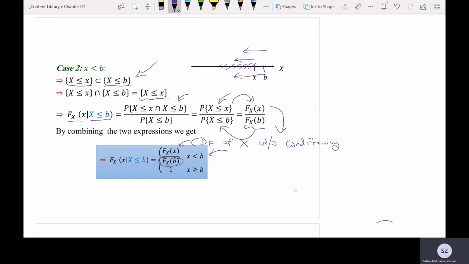And if x is larger than or equal to b, you end up with a certain event, which is 1 here basically. Clear?